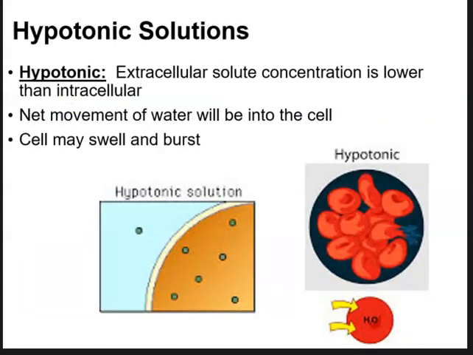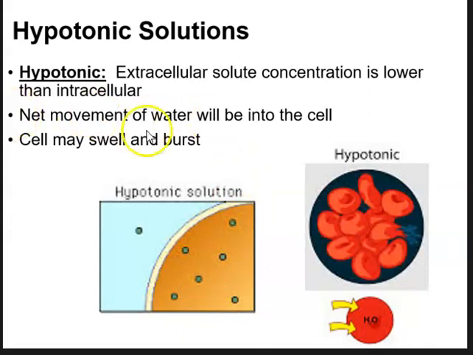A hypotonic solution. So hypo means below. A hypotonic solution is when we have within the solution a lower concentration of solute compared to the solute concentration within the cell. Okay, so what's going to happen?